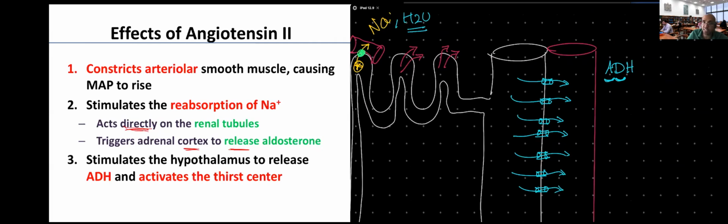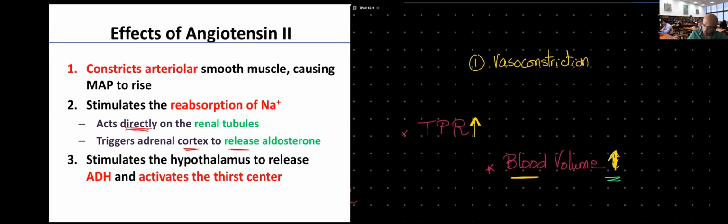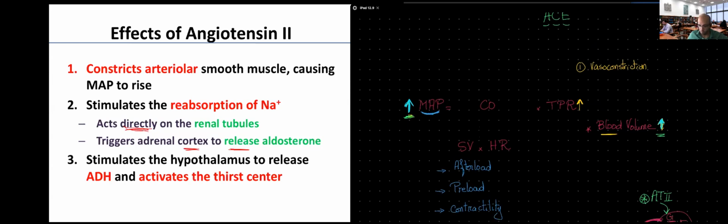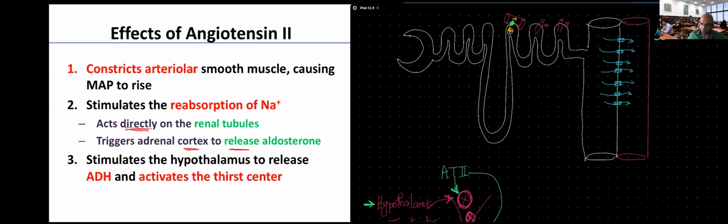Here I am retaining the water in the blood, and I'm not allowing this water to move out in the urine. So what's going to happen as a result to my blood volume? My blood volume goes up, and as my blood volume goes up, my mean arterial pressure goes up. Questions?